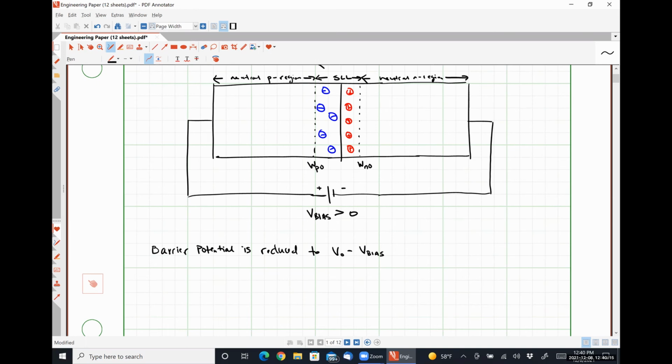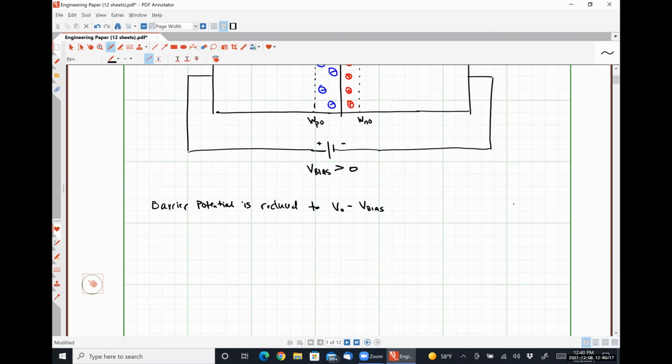So the depletion region gets smaller. Where we can say that W, no longer W naught, because we are not at an equilibrium condition, W, will be the square root of, or actually I think I did it as to the 1/2 power the other day, so I'll maintain that.